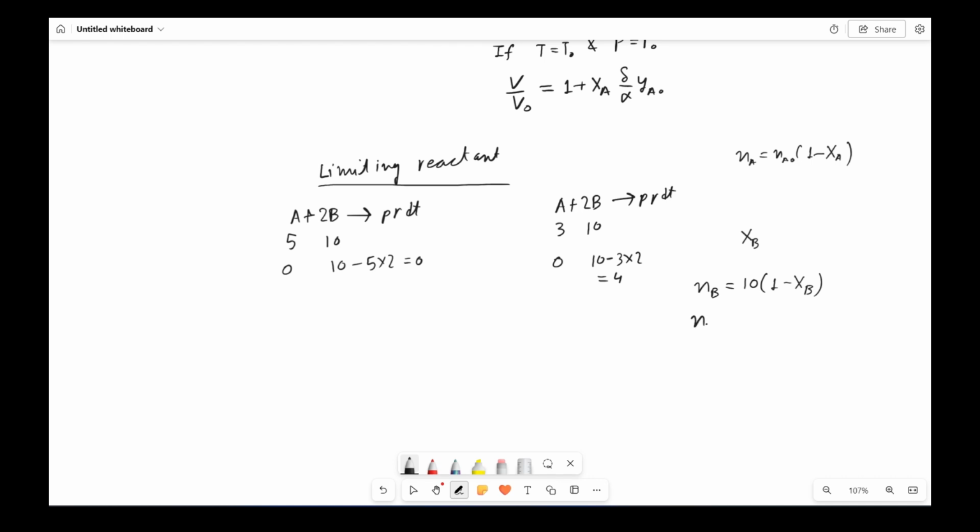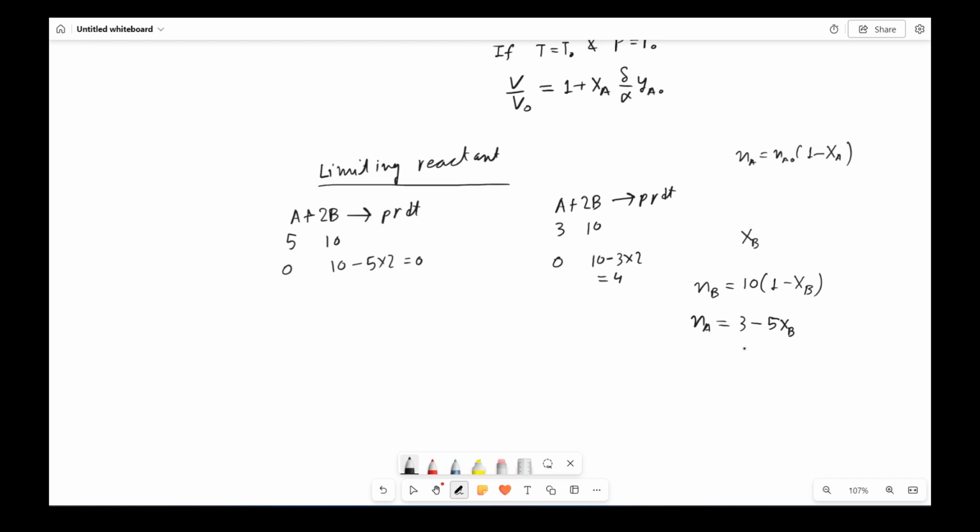Now, what will be Na? Na will be 3 minus, and 10 minus 10 Xb is going, so it will go 3 minus 5 Xb.